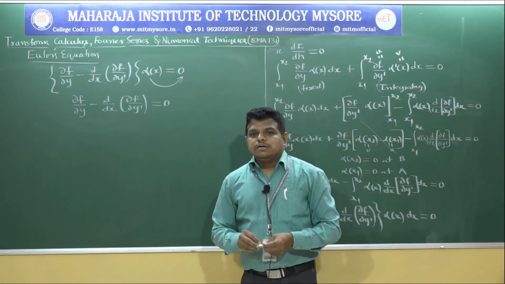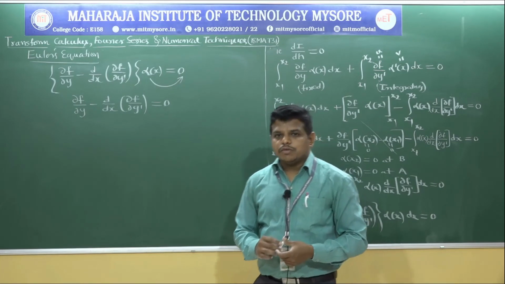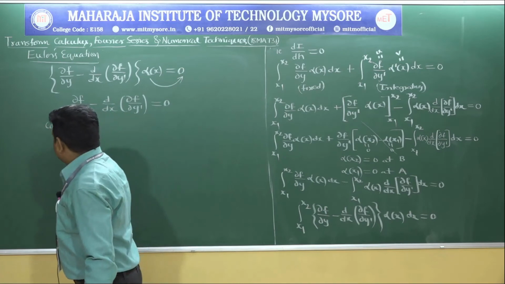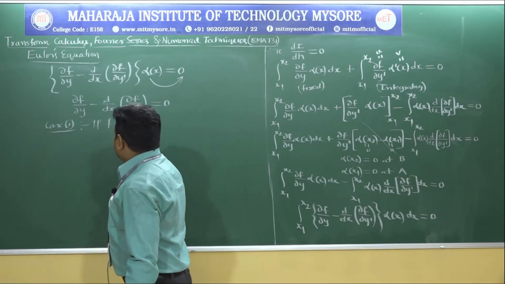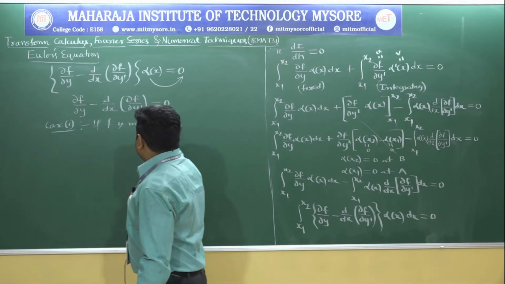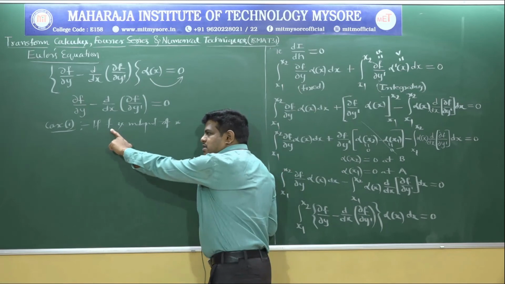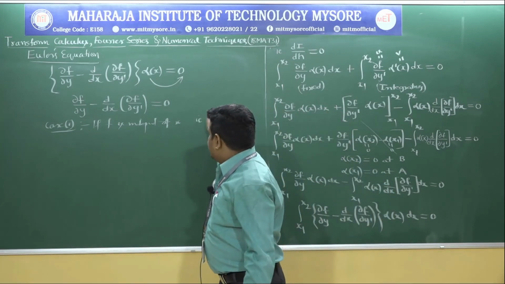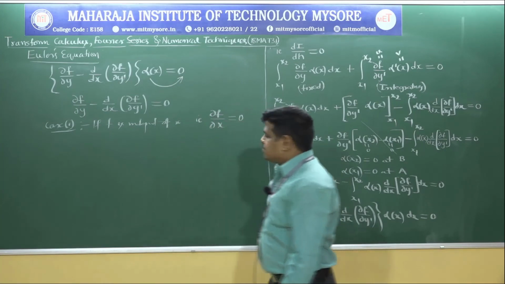Now we have three particular cases in order to solve the variational problems. The first case is if f is independent of x. That means f does not contain any variable of x, that is ∂f/∂x equals 0.